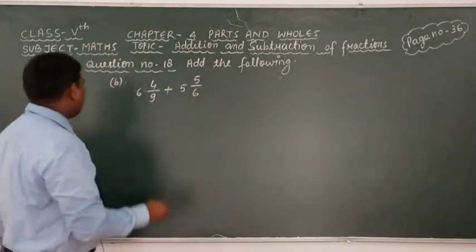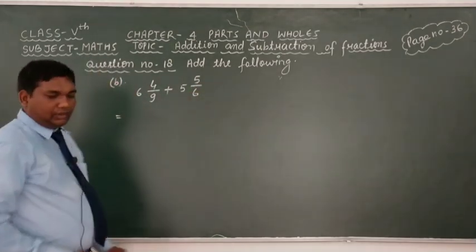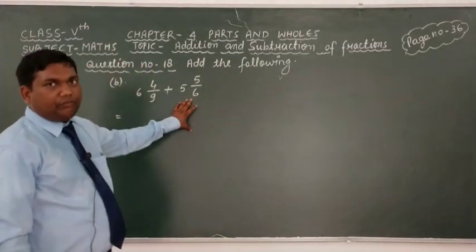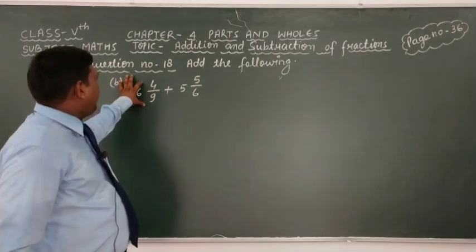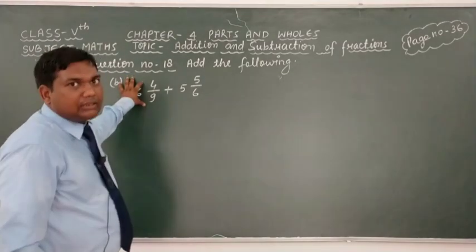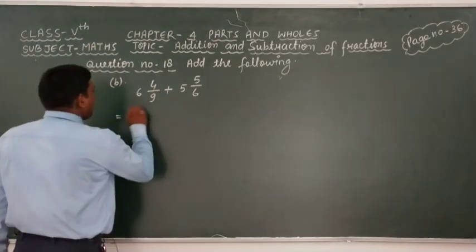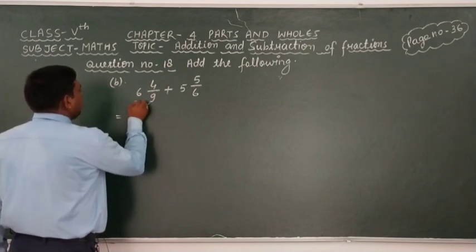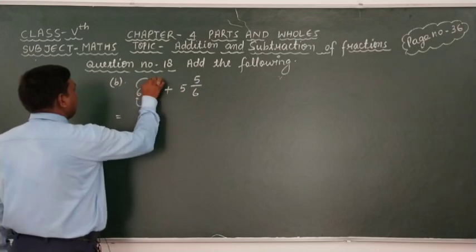Look here carefully. Here two mixed fractions are given. Firstly we have to change the given mixed fractions into improper fractions. We take the multiplication of 9 and 6, then add 4.